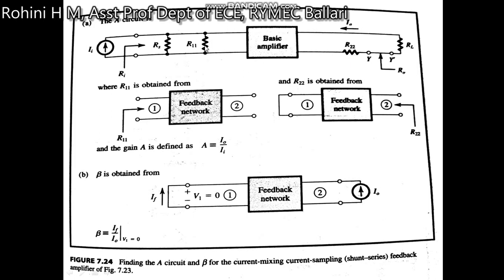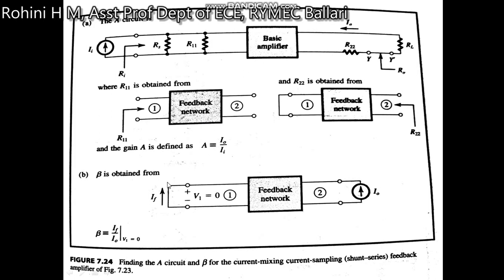Here R1 is connected in parallel, because the current source is there, therefore it is connected in parallel. So here comes the feedback network, looking into the port. Here R22 looking into port 2, and the gain is defined by I0 by II, that is output current by input current that we are providing.